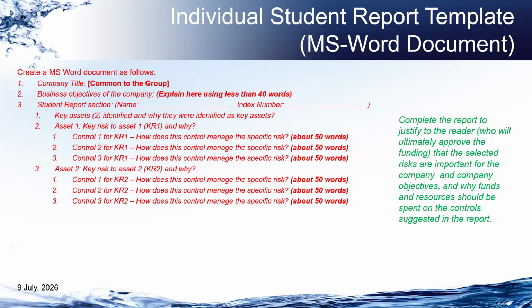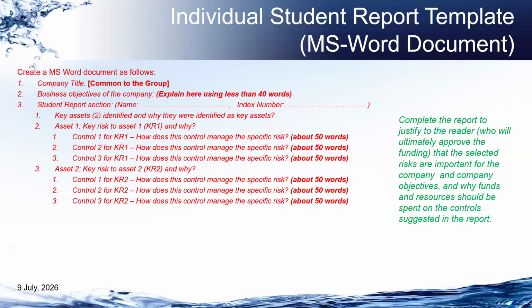Obviously, if you're a pharmaceutical manufacturer, chemicals are part of your ingredients. So having pure chemicals is a prerequisite. Things like that. So look at the company objectives and make sure that your risks are important for the company and to maintain the company objectives.